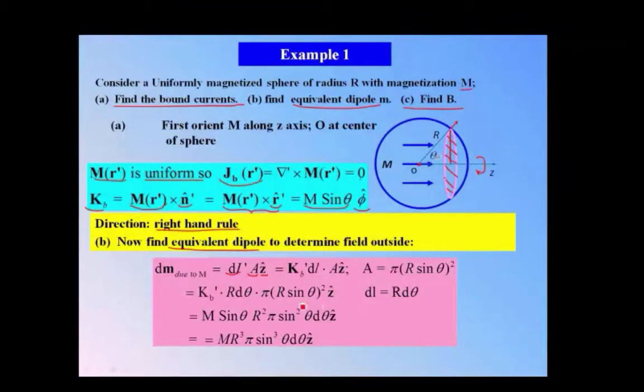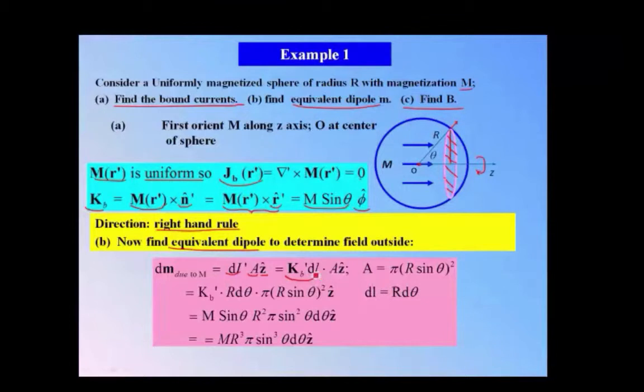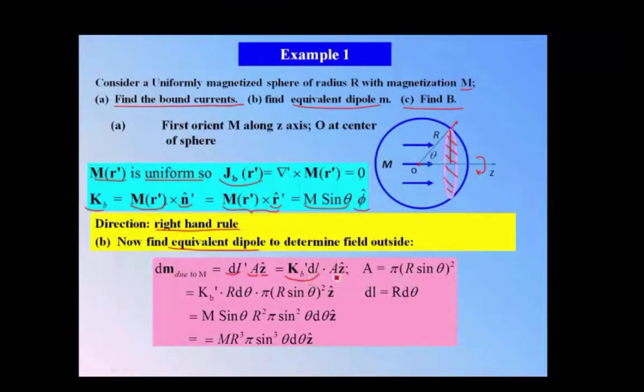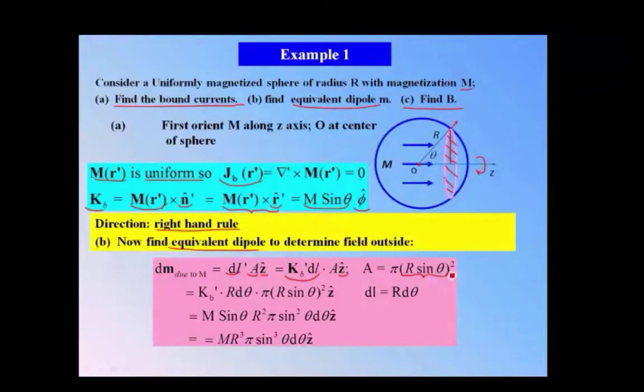So coming back to our equation here, the current is K sub M times dl. dl is this little width here, times the area, all in the z hat direction to get the direction of dm. We'll work on this in a minute. And here's our area. It's pi times that radius of the circle, which is capital R sine theta squared.